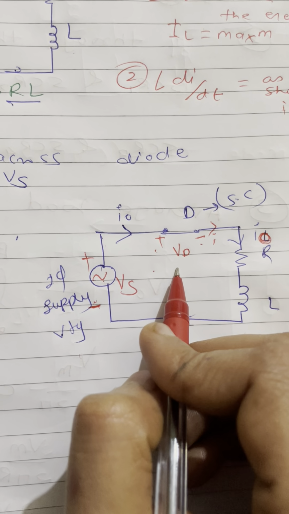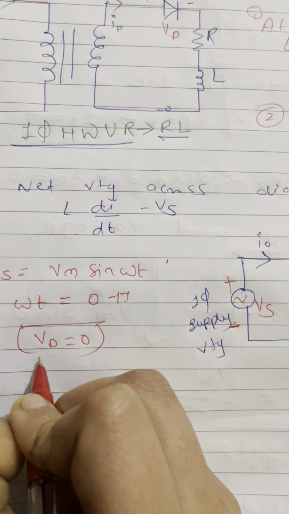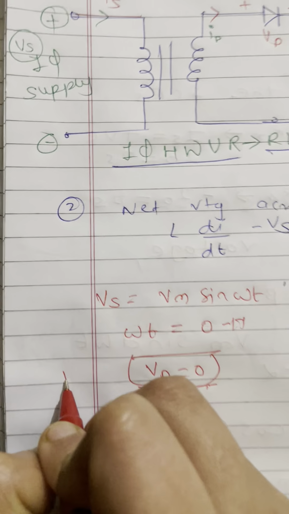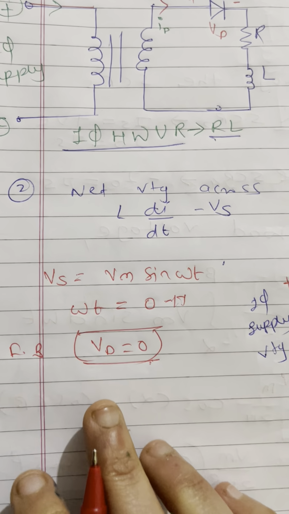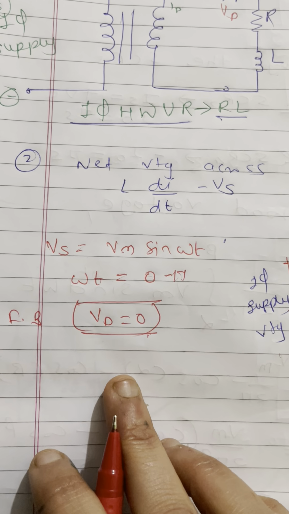So Vd equals 0 when the diode is in the forward bias direction, because the diode is acting as a short circuit.